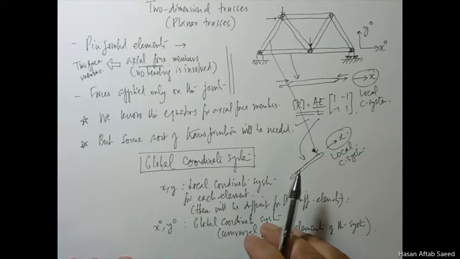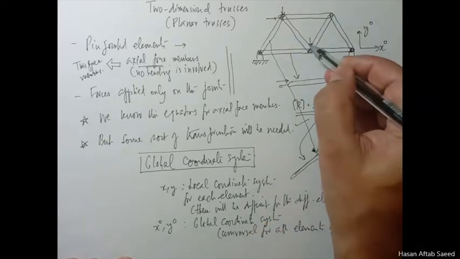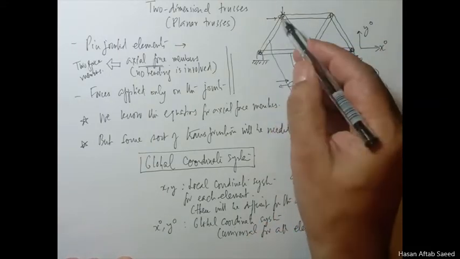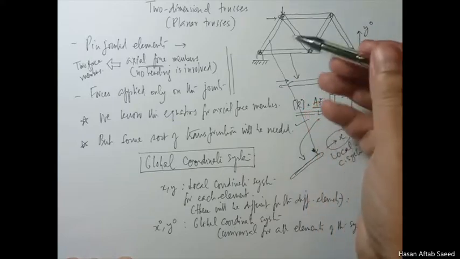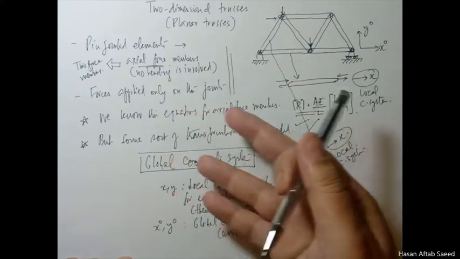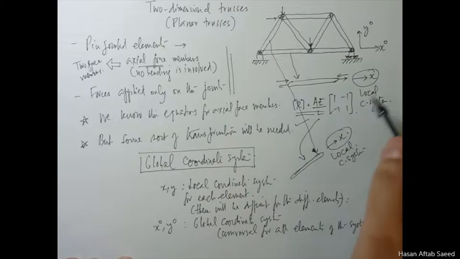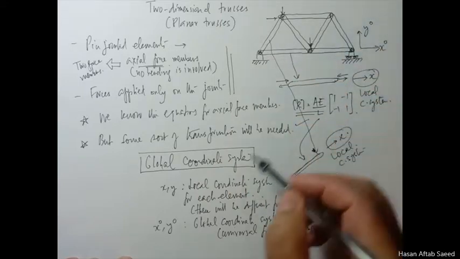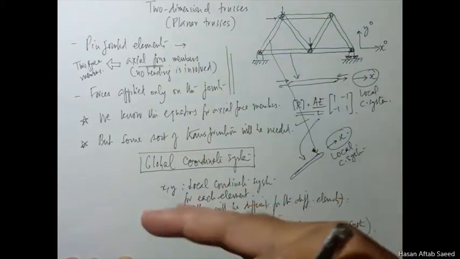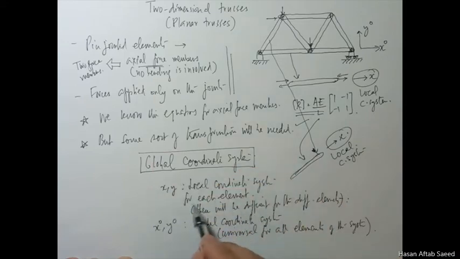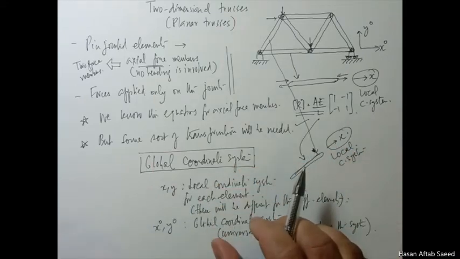So once we have figured out the displacements in each joint after solution of those equations which we have assembled, and for assembly we need global currency, after that we again shift back to the local coordinate system where we figure out the strains and stresses.